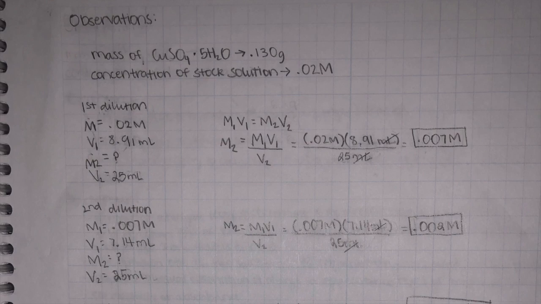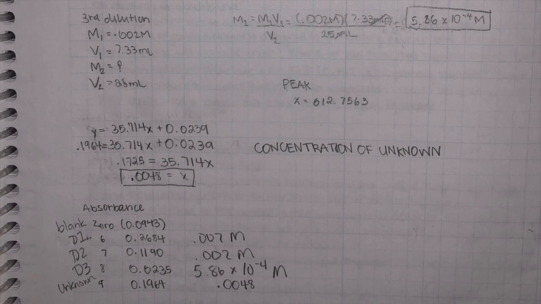In exercise 1, we created dilutions of a 0.2 M copper(II) sulfate pentahydrate solution. We were able to determine the concentrations of the new dilutions by working out the equation M1V1 equals M2V2, with M being concentration and V being volume. We didn't have the concentration of the unknown, so this is where the absorbance values from the spectrophotometer come in.